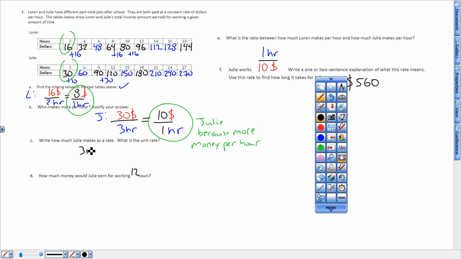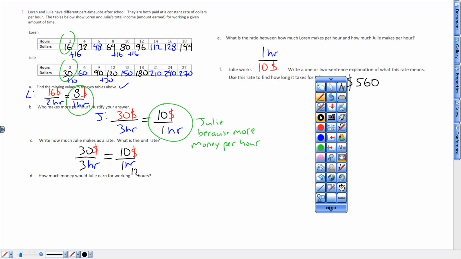I got $30 divided by 3 hours. That is not a unit rate. A unit rate is when you divide the top number by the bottom, which puts that number over 1. So 30 divided by 3 is $10 for every 1 hour.